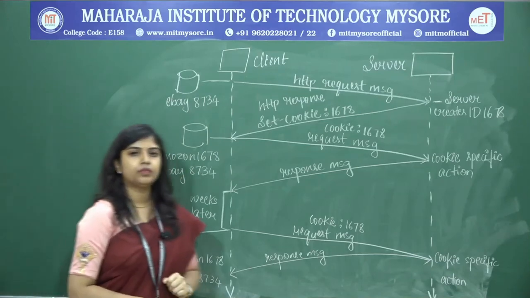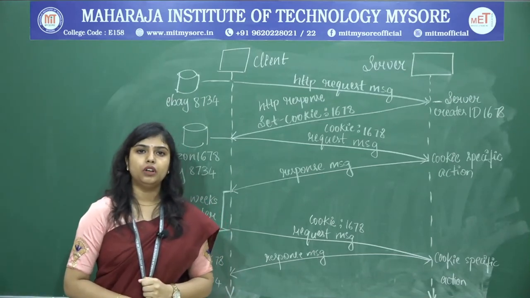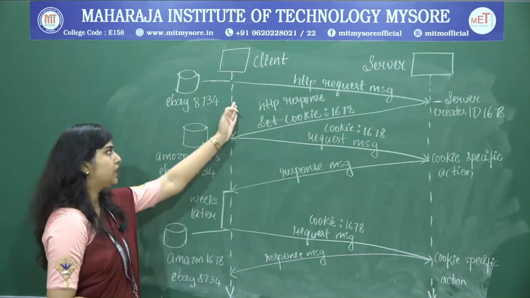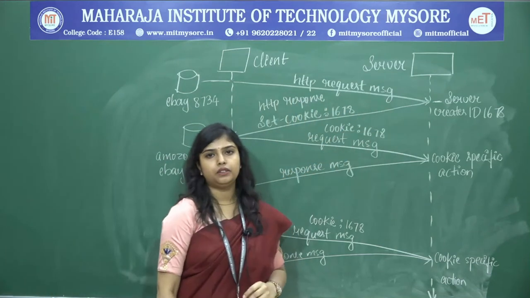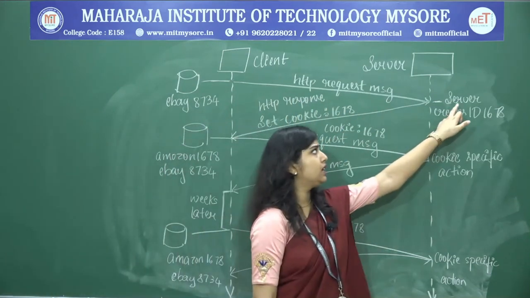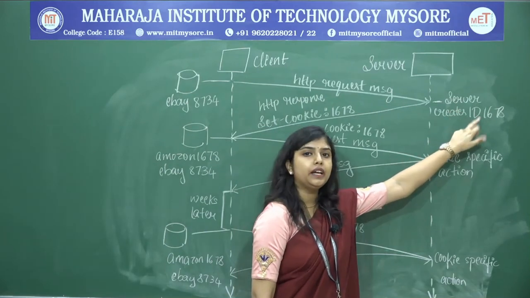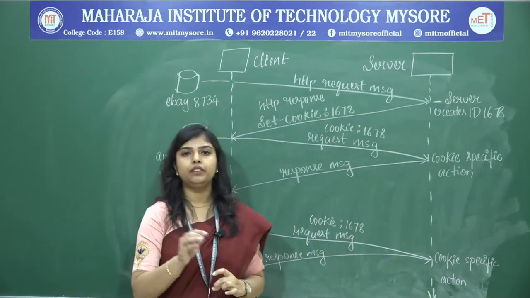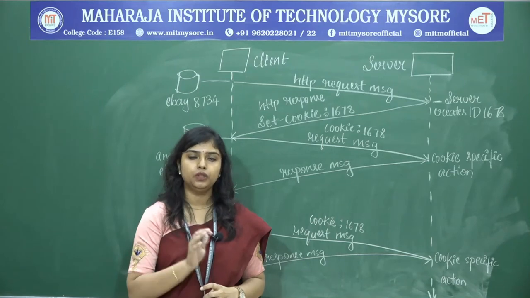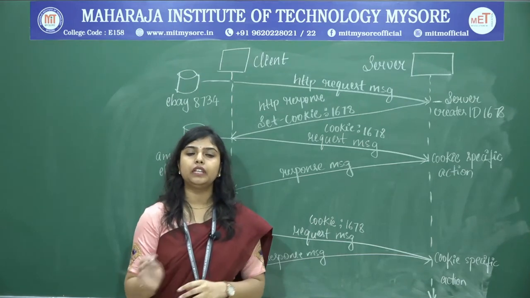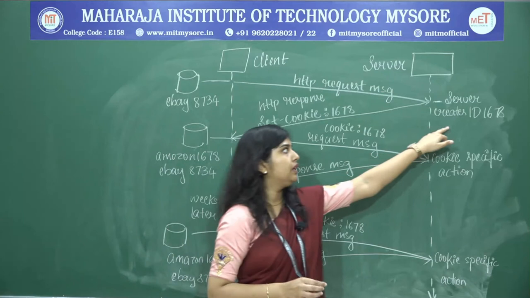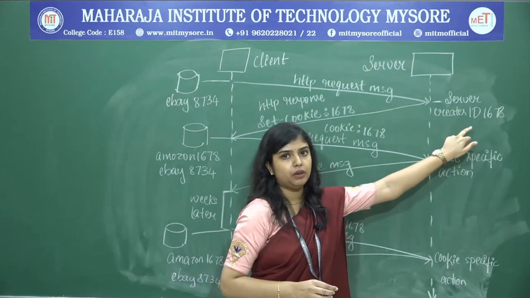Now, she wants to open an Amazon web page, that is why she is sending a request message to the server. What it does, the server will create a unique ID. That means, to identify the user specifically and uniquely and to differentiate between each user, the server will create a unique identification number.